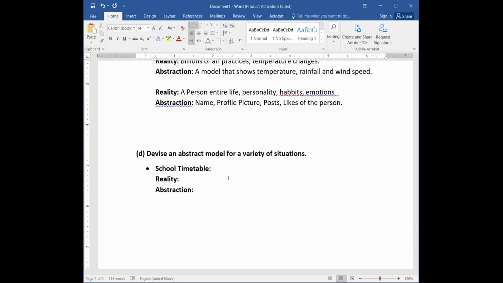Reality will be all the subjects, teachers, classrooms. And abstraction will be days, representing each subject. This is one example.